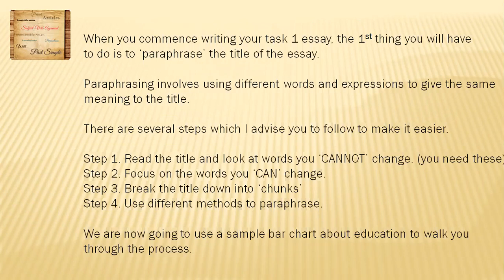You can't change them, so they have to stay in the title. So just make a note. When you're practicing paraphrasing titles, go and look at the words that you can't change and just write them down on the side or underline them or something.